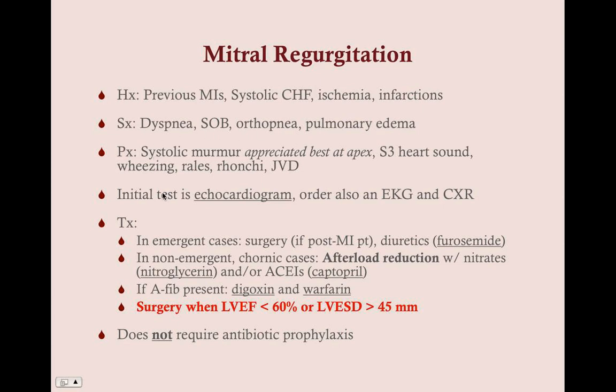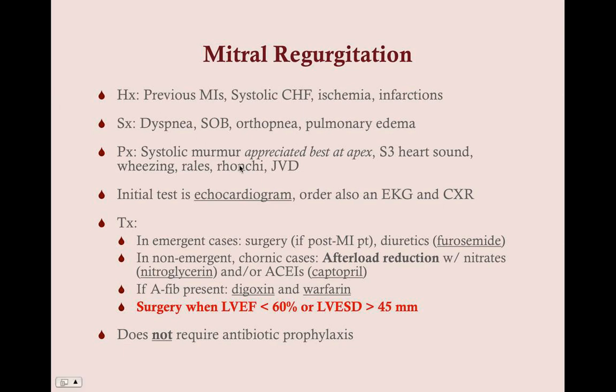Now, on physical exam, you will see some unique things. So you'll hear a systolic murmur that's best appreciated at the apex. A lot of times you're going to hear the S3 heart sound. That's not as common in the other valvular defects because congestive heart failure is not necessarily present with the other heart defects.